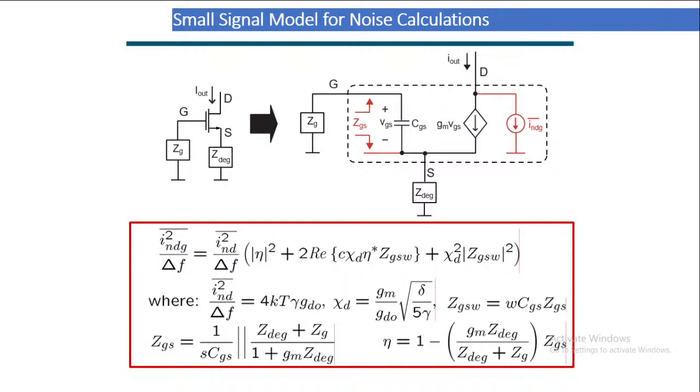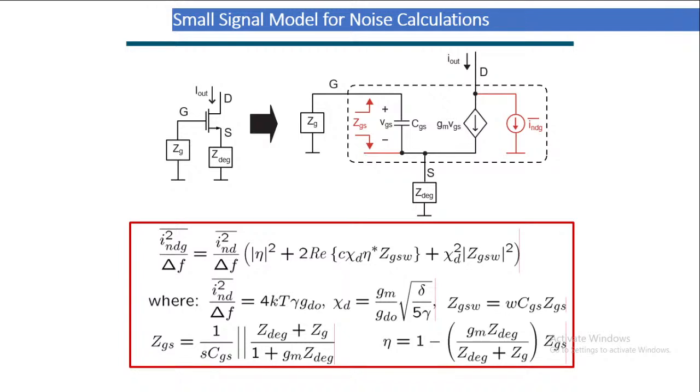This is the circuit. If you consider this equivalent circuit, this is the small signal model for the device. For this small signal model, we have to find out the noise.